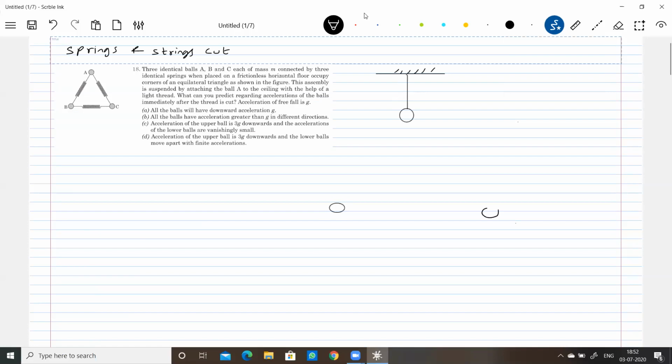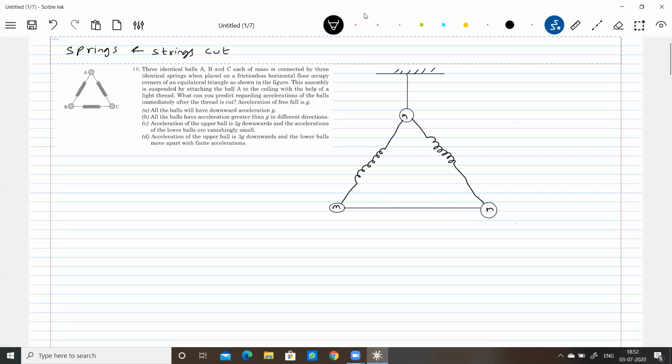Here, these are the 3 blocks, the 3 particles, A, B, C. These are the springs. Just show the spring like this. You need to draw it like in the diagram. All of them have the same mass m.